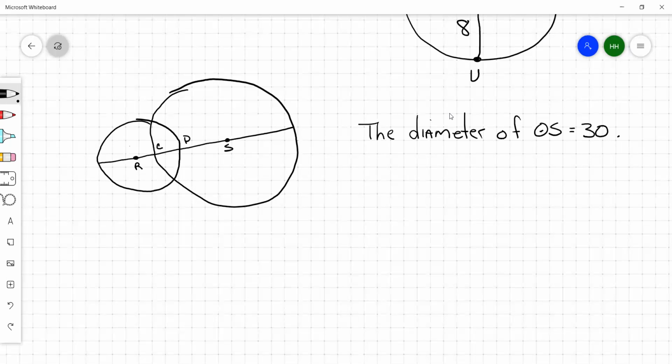The diameter of circle R equals 20. DS equals 9. Find CD.